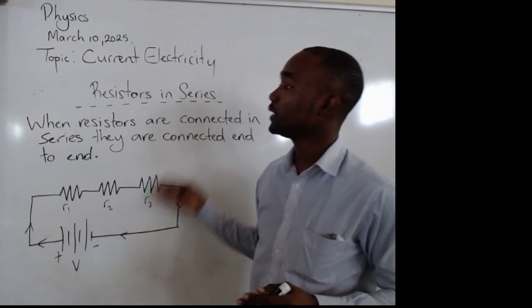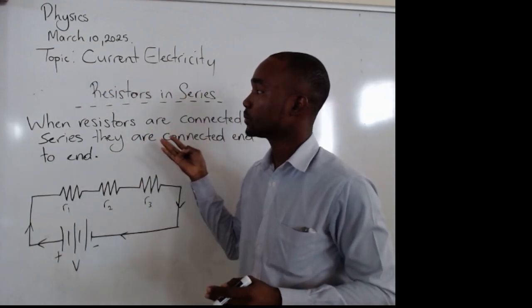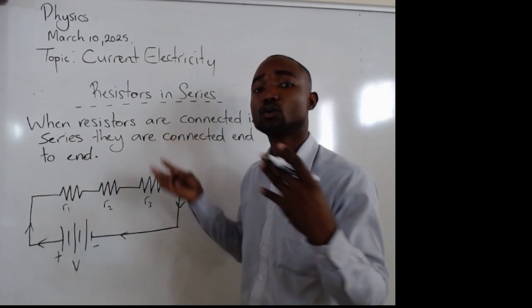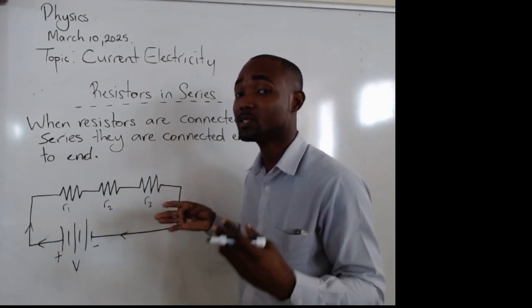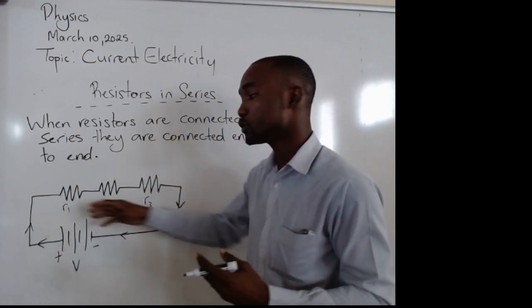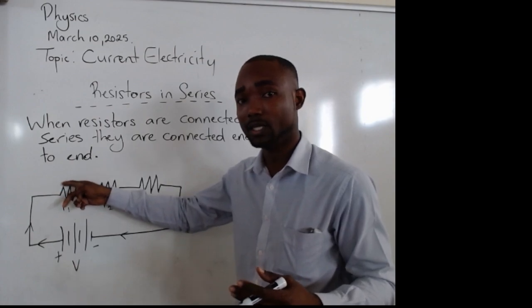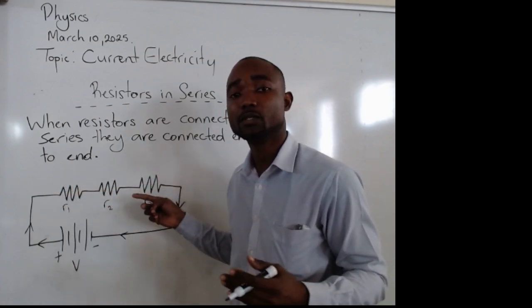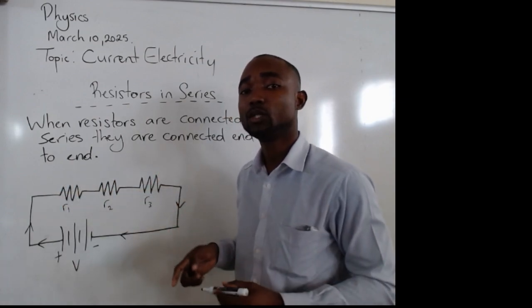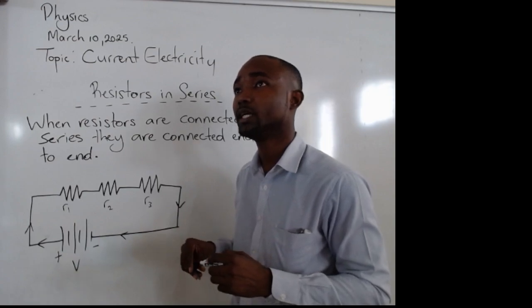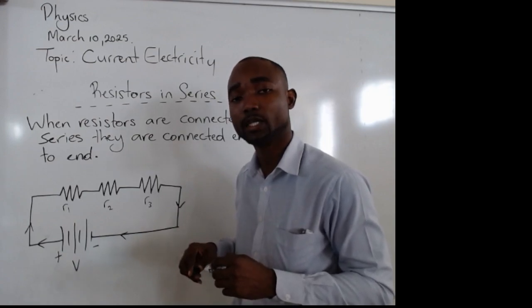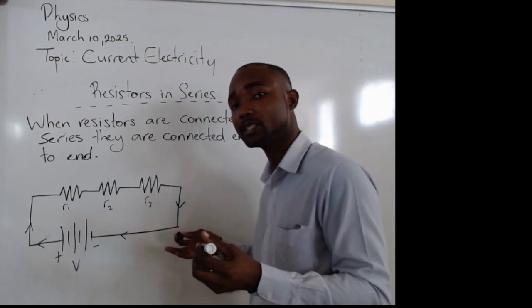Now, in this topic, you're going to learn to calculate the total resistance in a circuit. If you remember from last time, these can all have different resistance values, which measure how much they hinder or impede the flow of current.